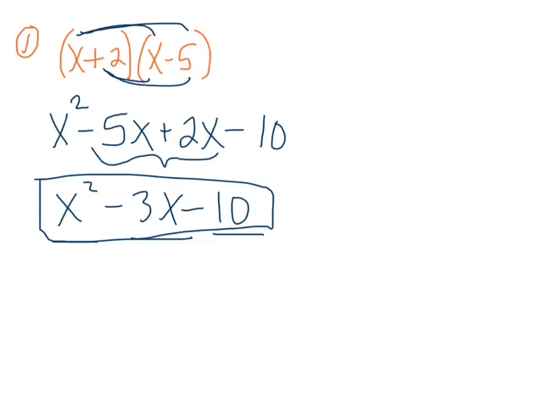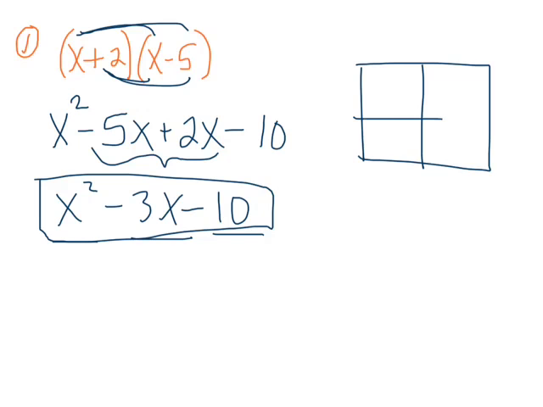Now the other way some of you have learned how to do it is the box method, which is just the same thing, just in a different form with a picture. I'm going to take each of these polynomials and break them up. So I have an x and a positive 2 on this side. Then I have an x and a negative 5 on this side. Now I just multiply where the rows and columns meet.